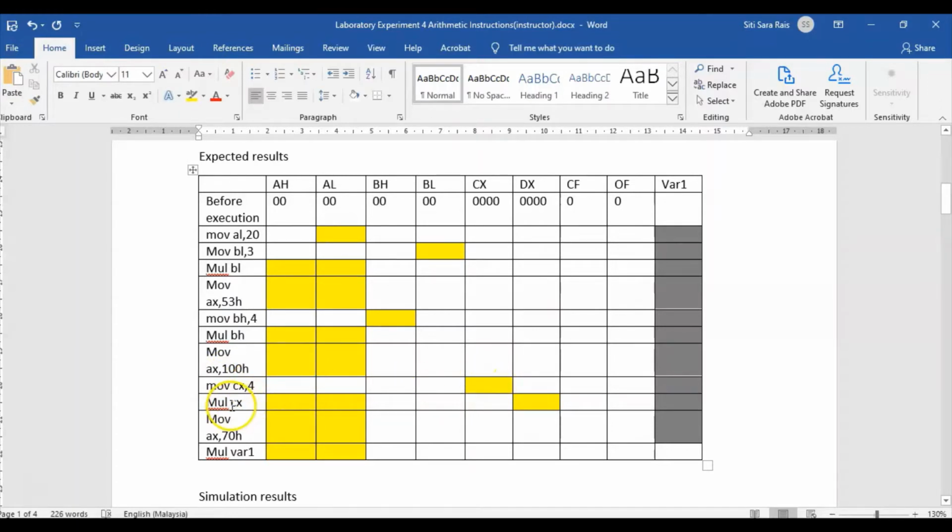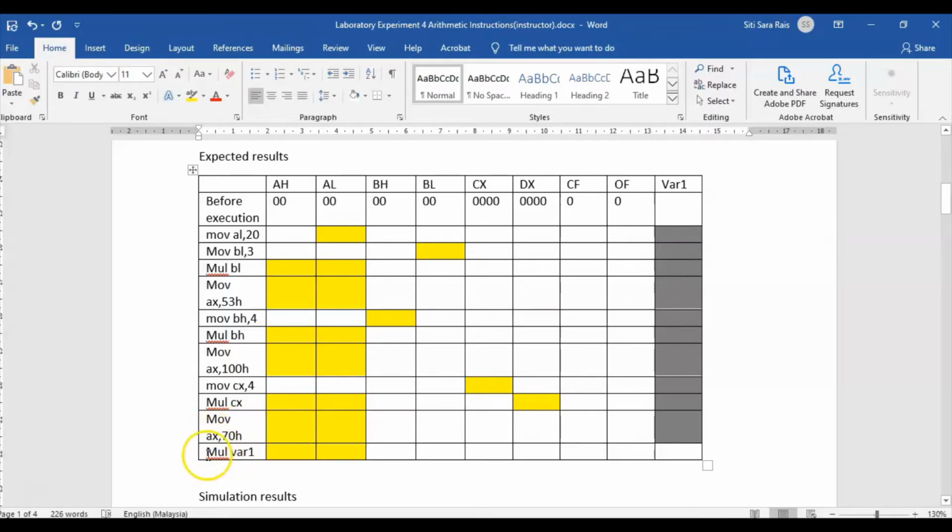Then mul CX. Now this is different. We are not doing the byte size, so we do CX. CX is 16-bit, so we do 16-bit multiplied by 16-bit, and the answer will be in DX and AX. Then we move AX, so AX will be affected.